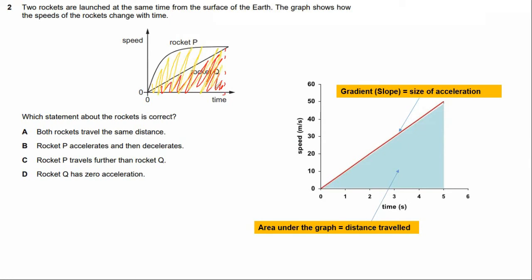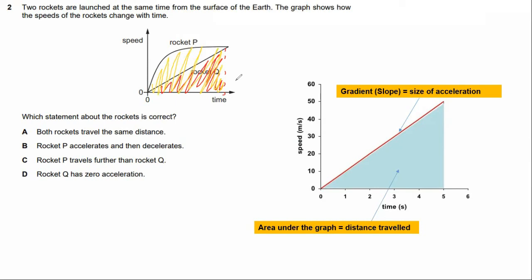Now you can observe the area shaded by yellow color is greater than the red color, which suggests that the area under rocket P is greater than rocket Q.